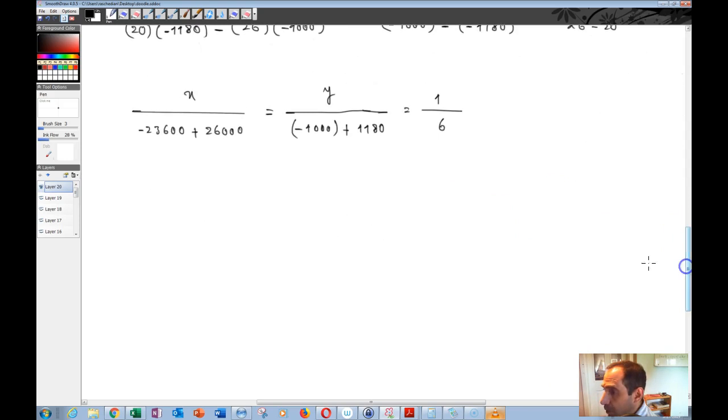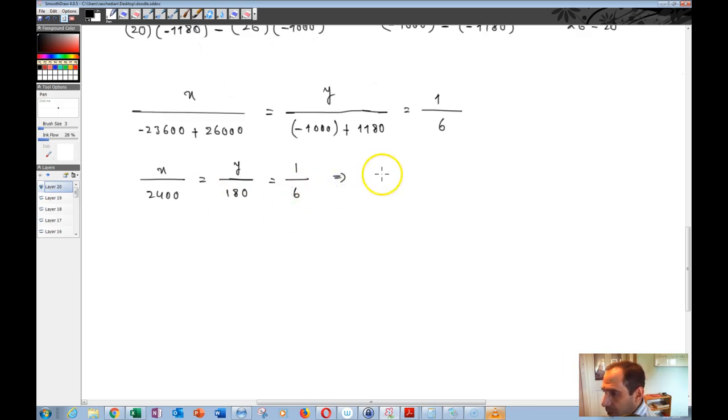And over here you have 26,000 minus 23,600, so that's 2,400. So x over 2,400 is equal to 100, and y over 180 is equal to 1 over 6.